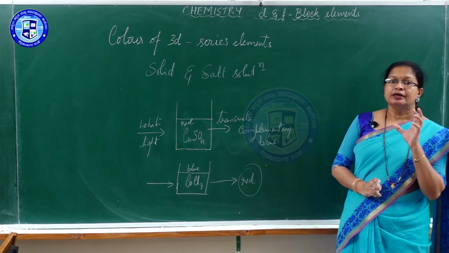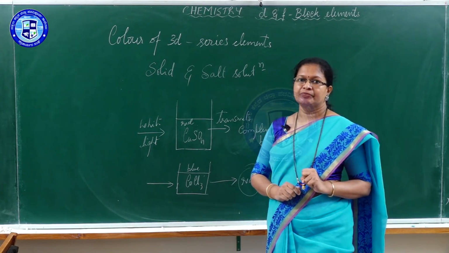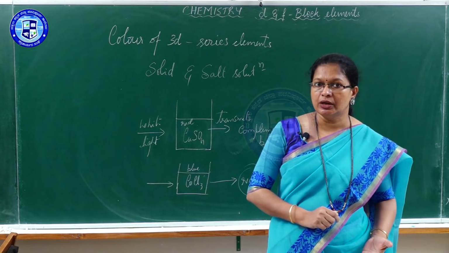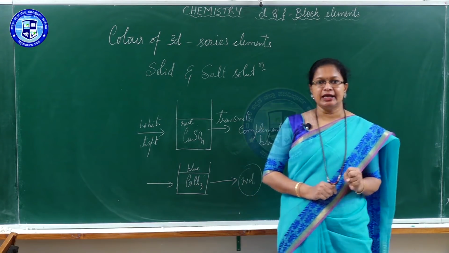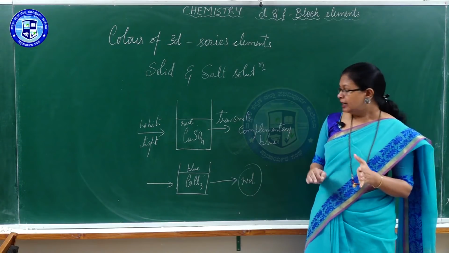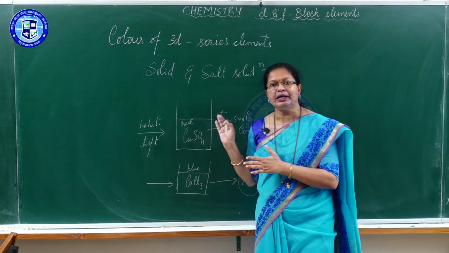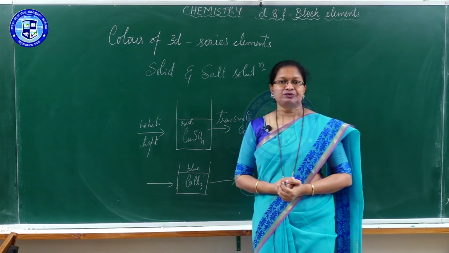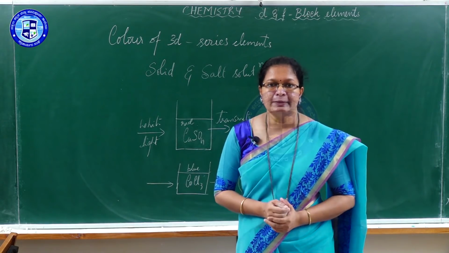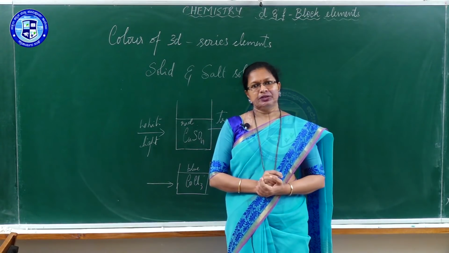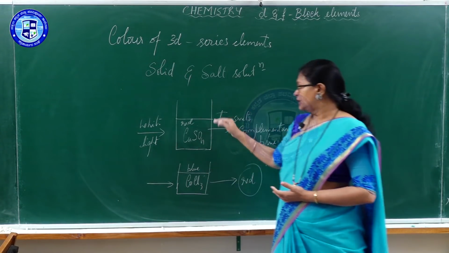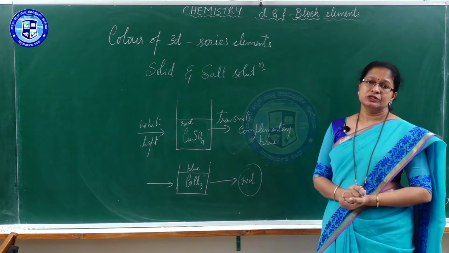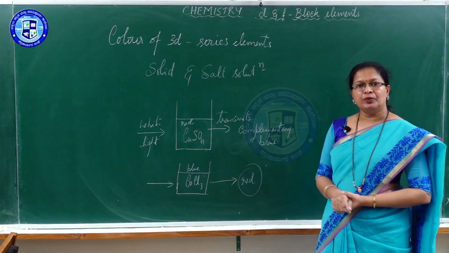That is, when the solution of any salt in which unpaired electrons are present in the metal ion absorbs one radiation from the white light, it transmits the remaining colors as the complementary color, and that is the color we see for the solution of that metal salt. It's clear? Now, we have to see the reason why all this happens in the solution of copper sulfate or cobalt chloride.